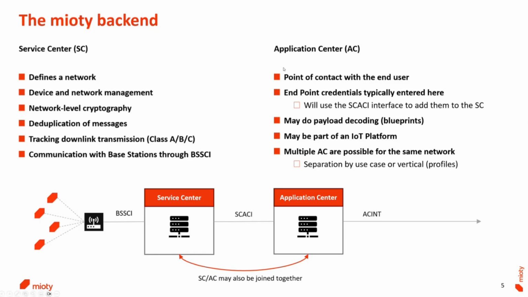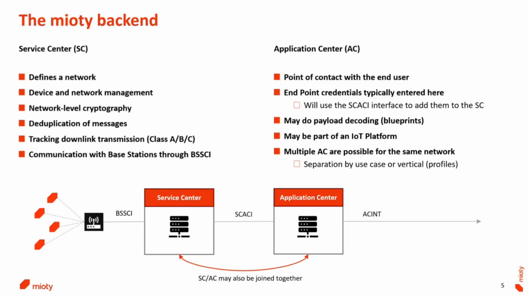The application center is more or less the point of contact, or the managing tool that interacts with the end user. So if you want to put some new sensors in, like the credentials, DevEUI, short address, keys of the sensor, you more or less use the application center.